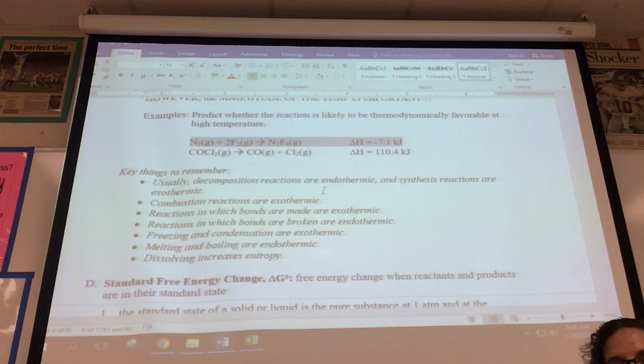Because the products are less than the reactants, so if you subtract, you get a negative answer. What are you subtracting? Is it because the difference in the two delta H's is positive?